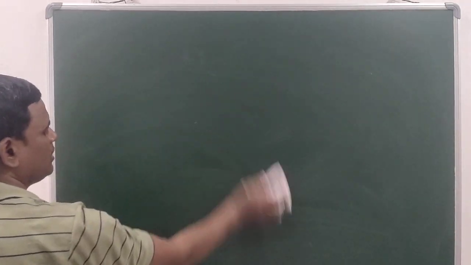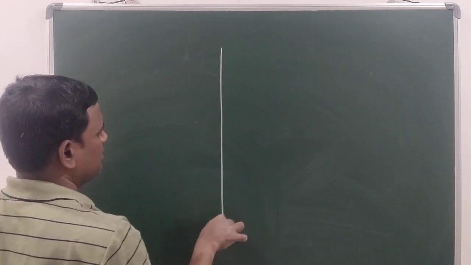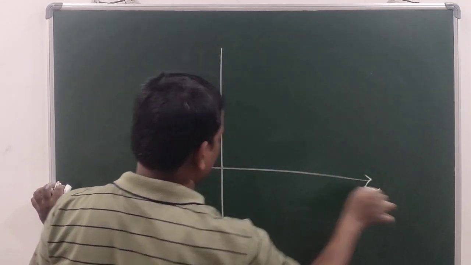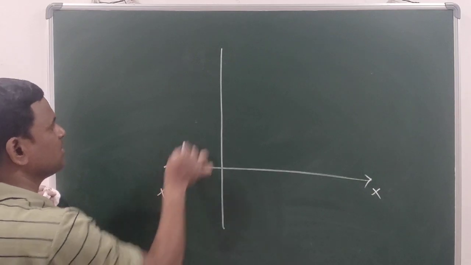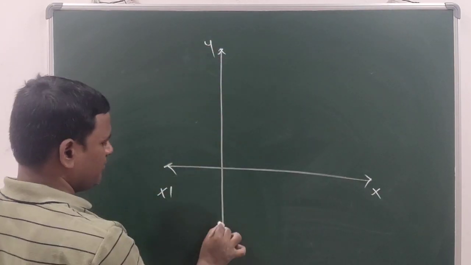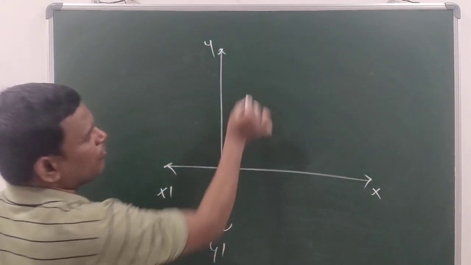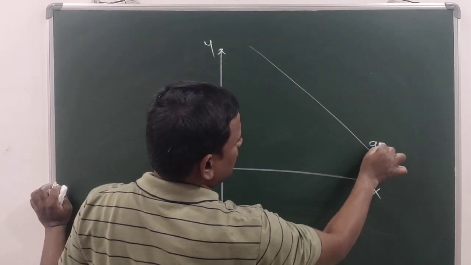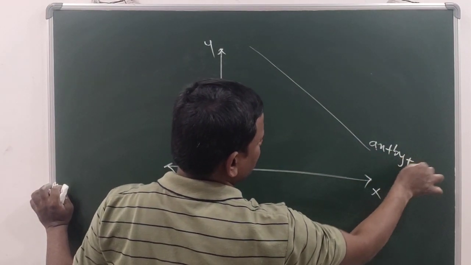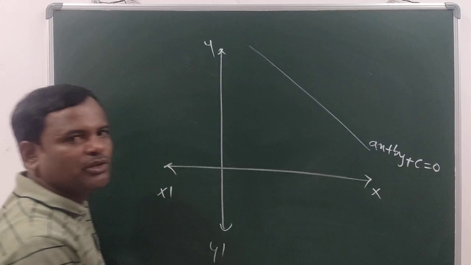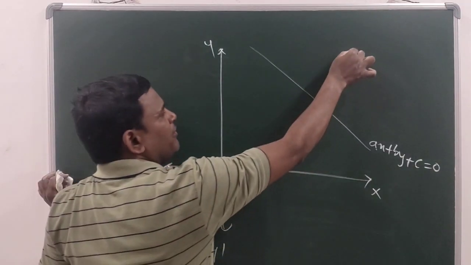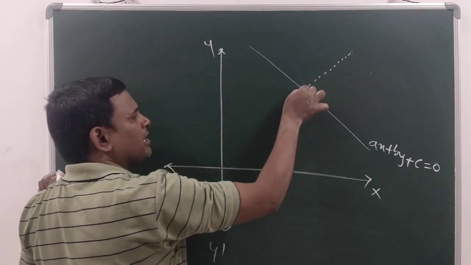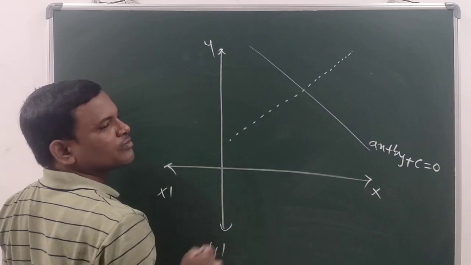Next, see students, x dash, y dash. Now one line is moving like this, whose equation is ax plus by plus c equal to 0, and we want to find this dotted line's equation.